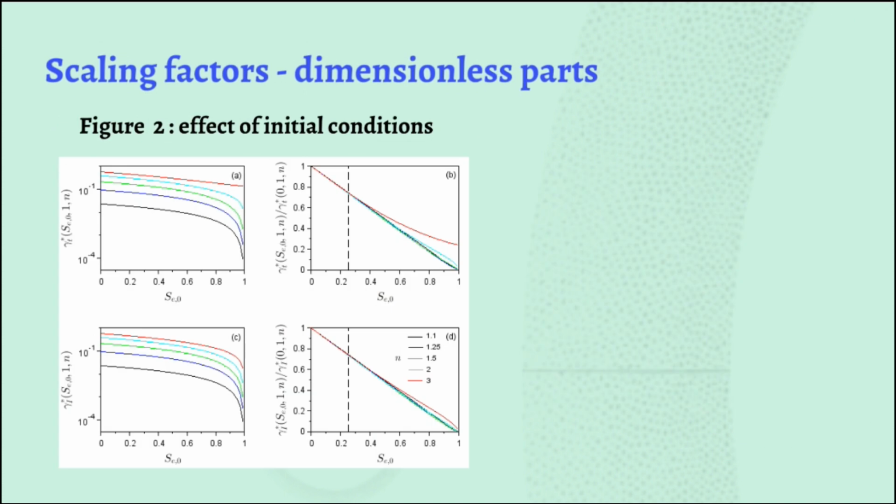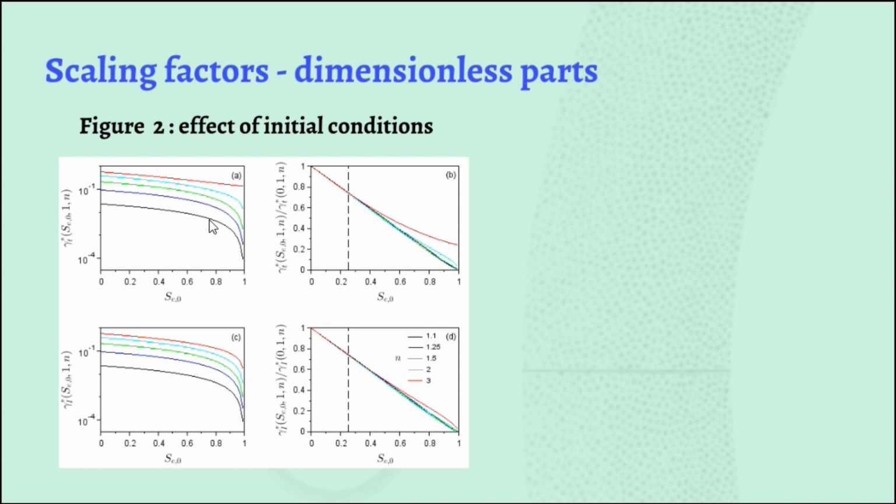For the dimensionless part of the scaling factors, I investigated the influence of the initial saturation degree before investigating the effect of the final saturation degree. So for the initial saturation degree, this is figure 2, and we get here the dimensionless scaling factors for infiltration and time as a function of the initial saturation degree and for several values of n.